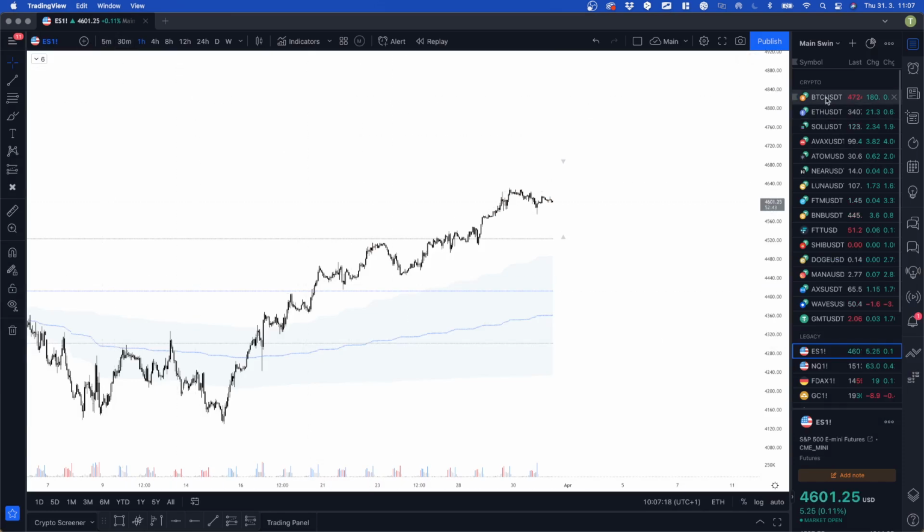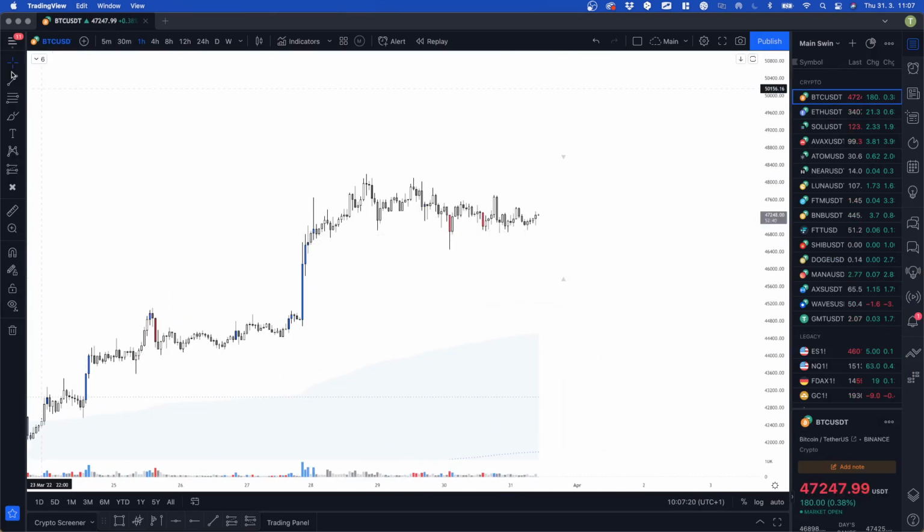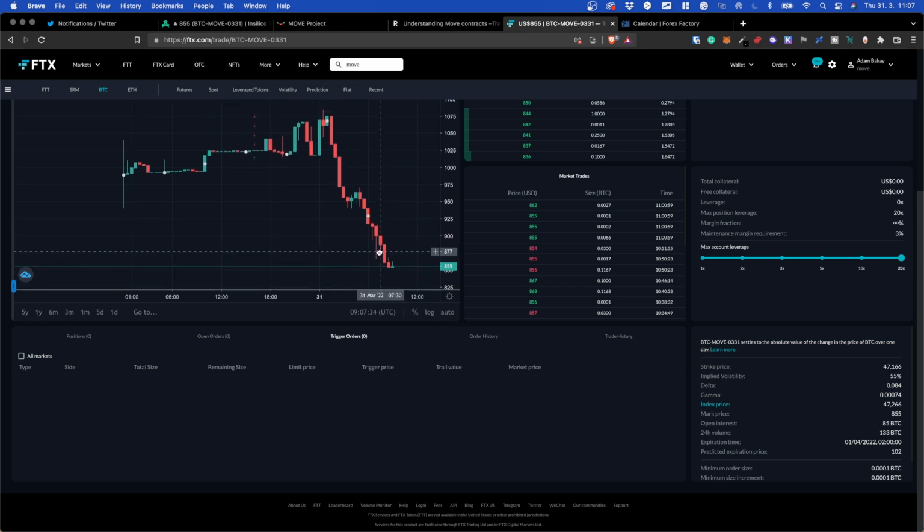Let me plot this on the chart and talk about this a little bit. 47,000 is around here. You can see Bitcoin is already trading around the strike price, but the contract is decaying quite a bit during the time decay.